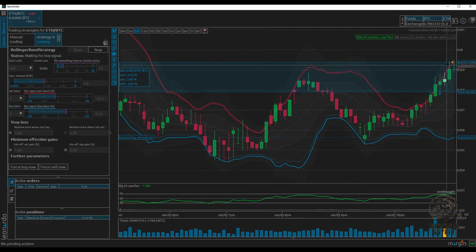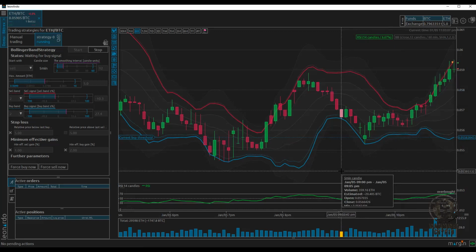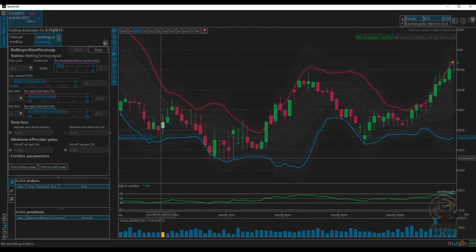So once the sell takes place with this option here, it will not buy again unless the price of the coin, so the buy signal, is below 2% from the sell. So that's how it works. There are also option buttons here that you can use to force a buy or a sell.